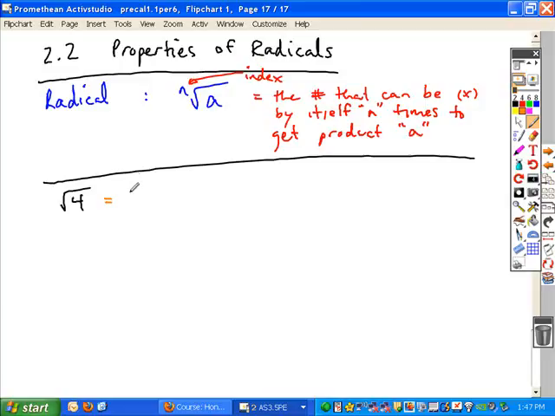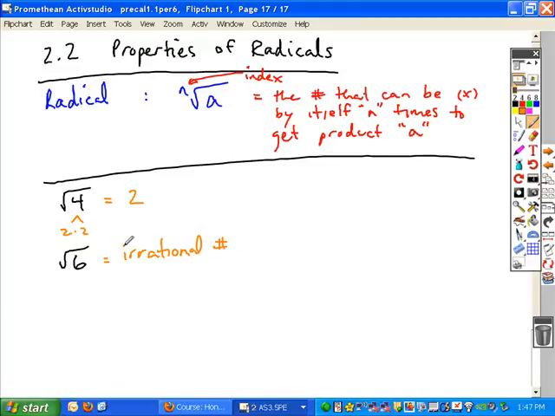The square root of 4 is 2, because 2 times 2 equals 4. What about the square root of 6? Does that equal a whole number? No. It does have a value, but it's an irrational number.